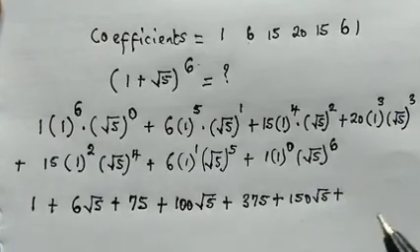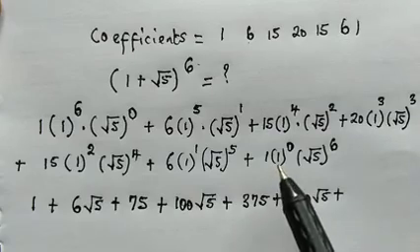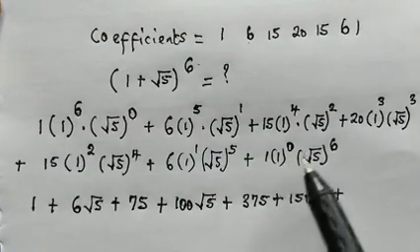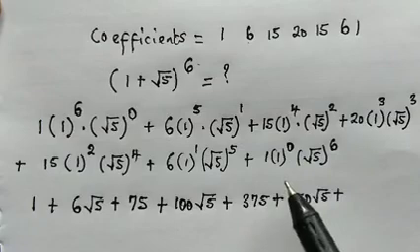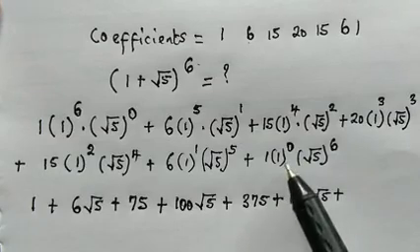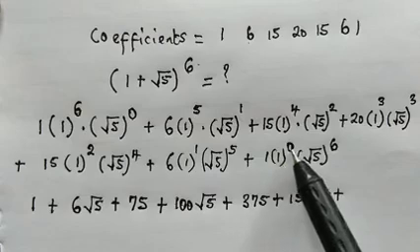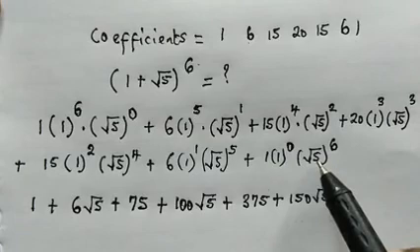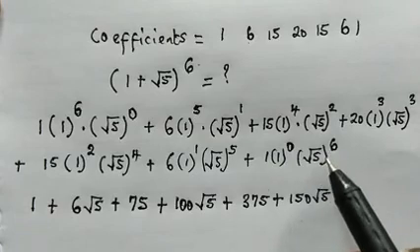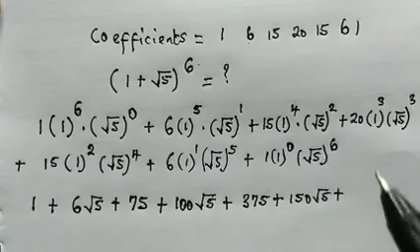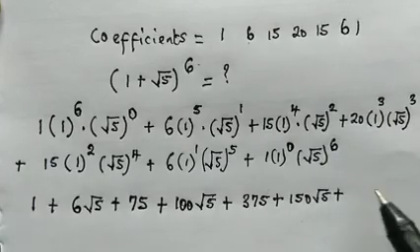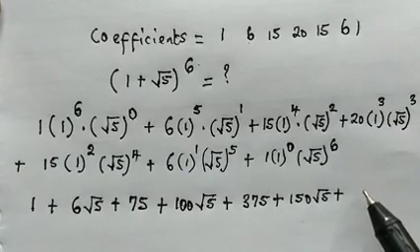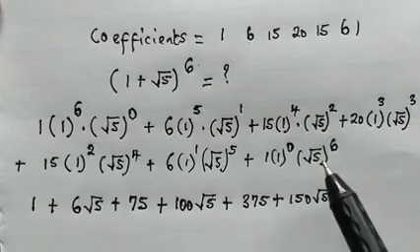We have plus. So here we have 1 to the power of 0 is 1. 1 times 1 is 1. And here, root 5 to the power of 6. Let's check properly.